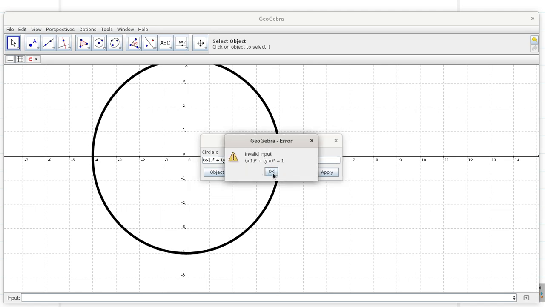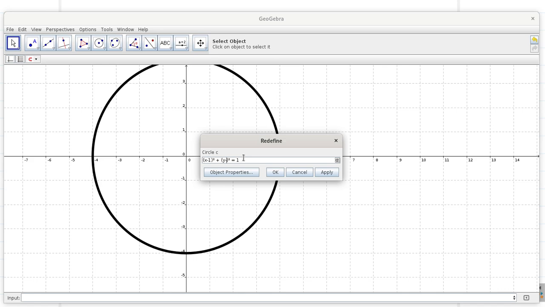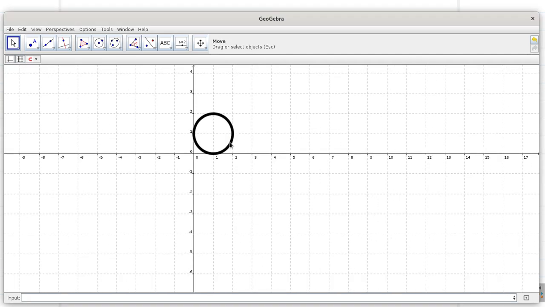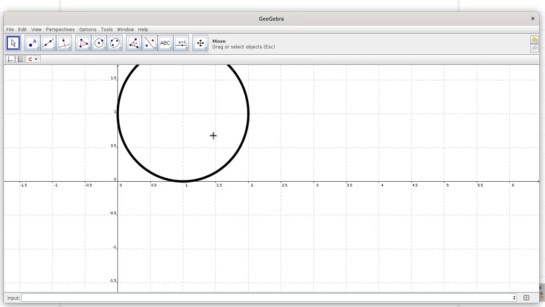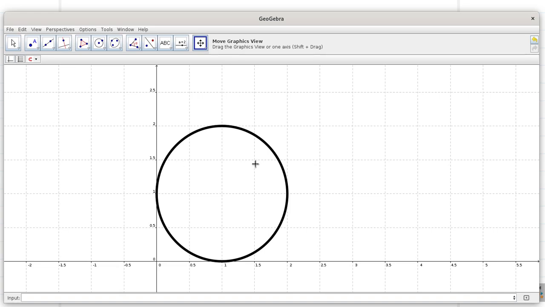Oh, let me see. I said a instead of 1. Alright. Oh, minus, yeah. My mistake earlier. It moves to the right and up. Right.